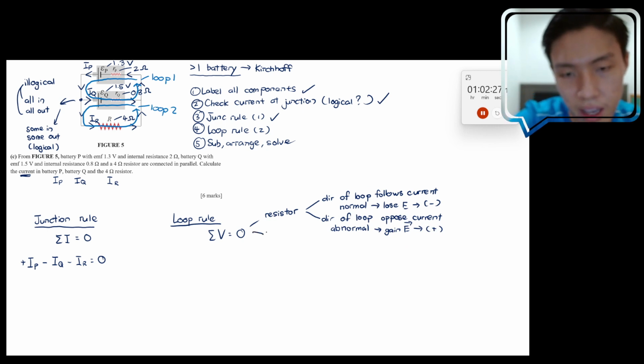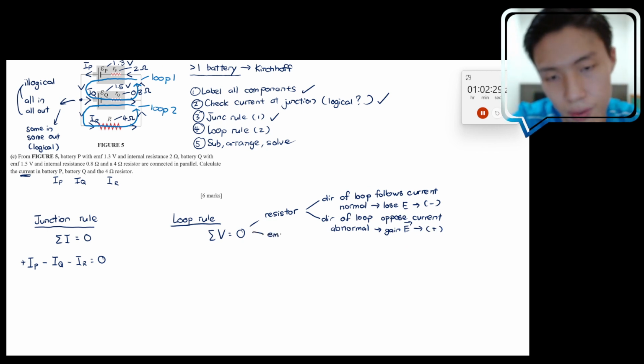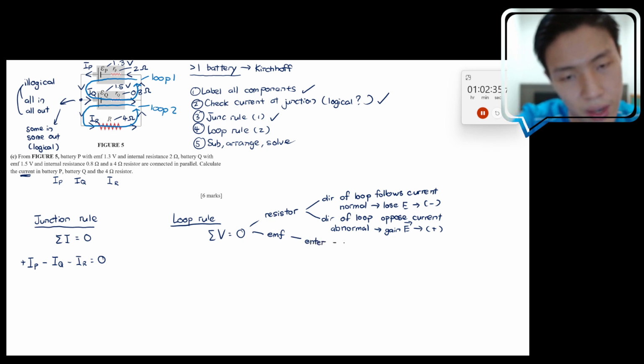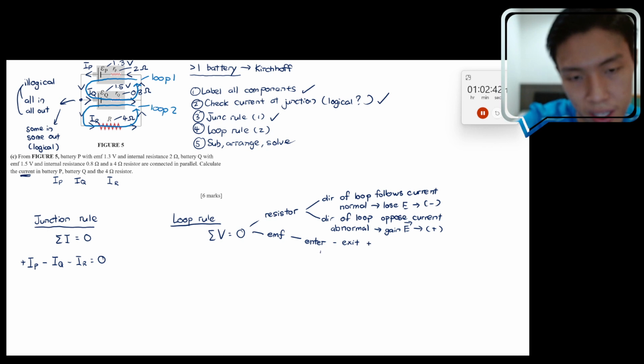On the other hand, for your EMF, if you enter the negative but you exit at the positive, that's the normal way of doing things. Normal way of current flowing through battery.